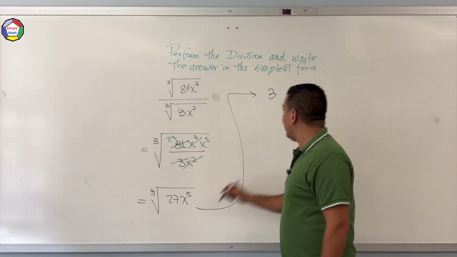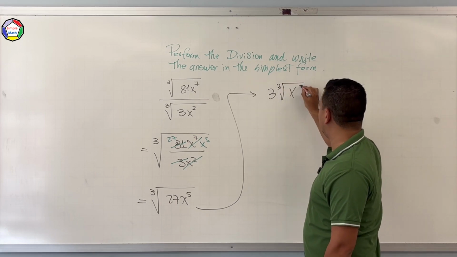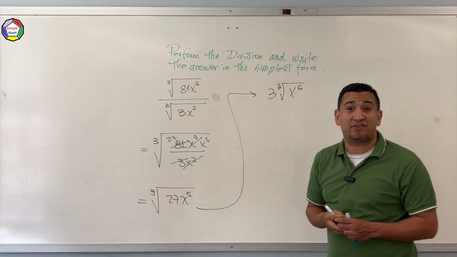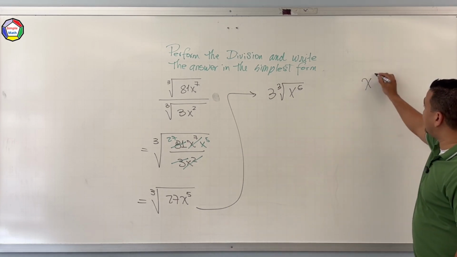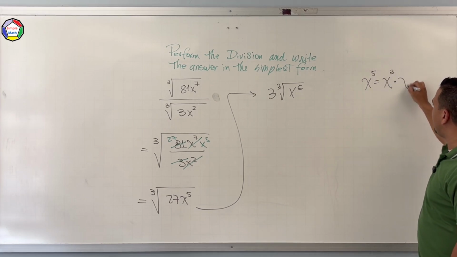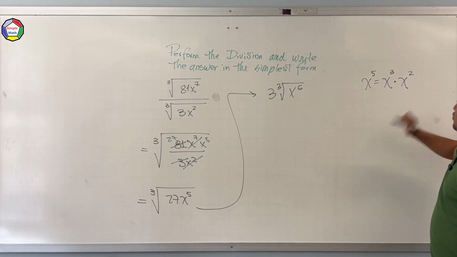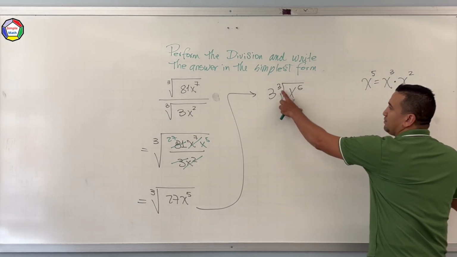So the cube root of x^5. x^5 doesn't have a cube root, but remember, we can play with that. I can say that x^5 is the same as x to the power of 3 times x to the power of 2. Why? Because I need to simplify that, and there is a cube root.